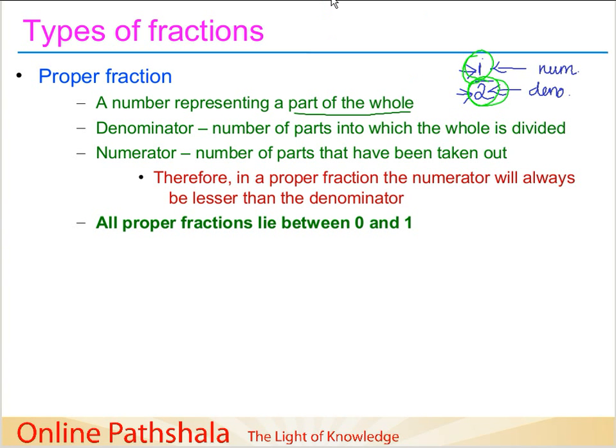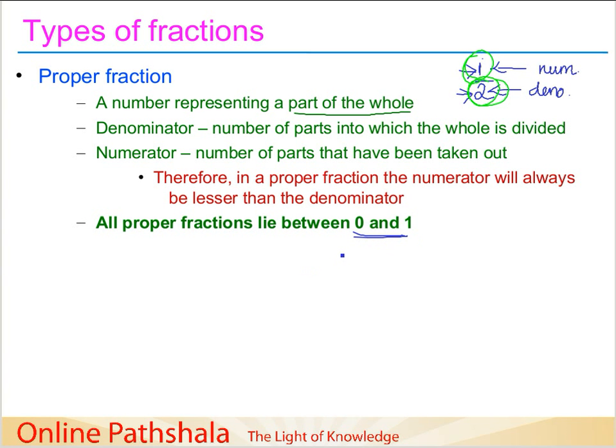The most important property that you can observe about these proper fractions is that they lie between 0 and 1, and this you can recollect from our discussion on representing fractions on the number line. Even if you think intuitively, let's say I have 1 of something which is a whole, like 1 unit of something.